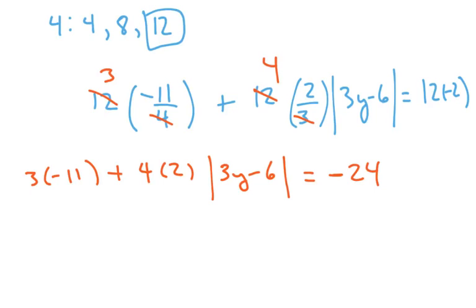Now, because we have the absolute value here, we want to move everything but the absolute value to the right side. But to do that, let's clean up these terms. So 3 times negative 11 is negative 33, and 4 times 2 is 8.